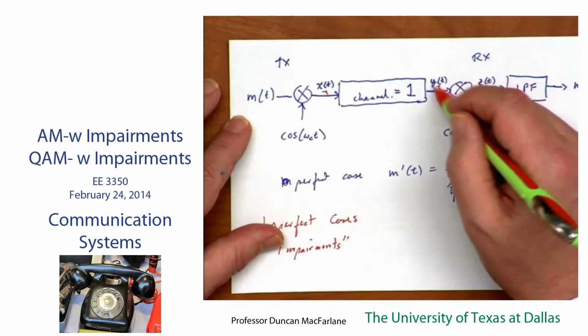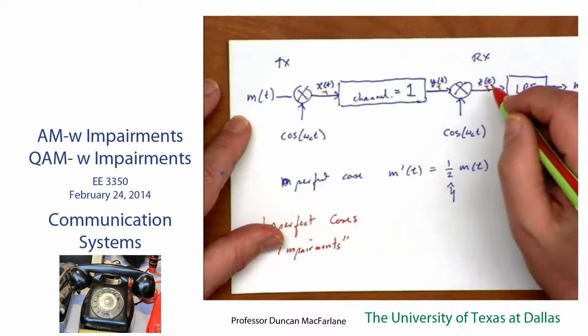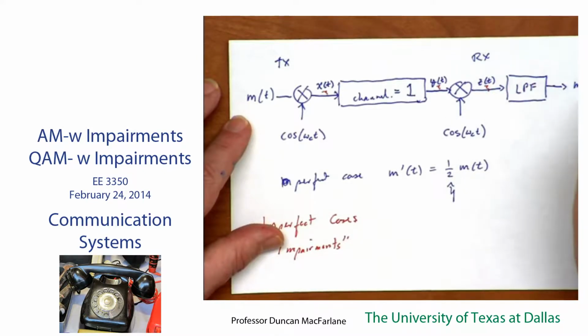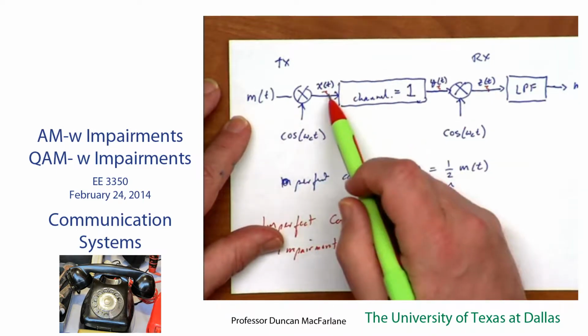We should be able to figure out y of t and also y of omega, z of t and also z of omega, and m prime of t and also m prime of omega if we need it.